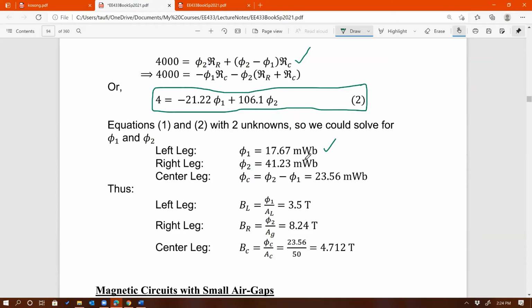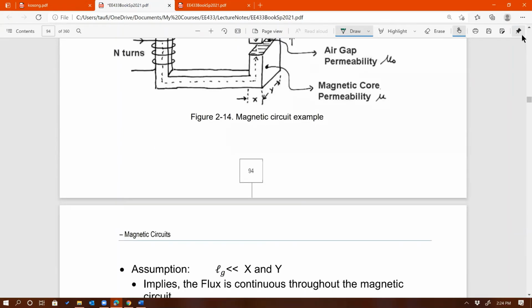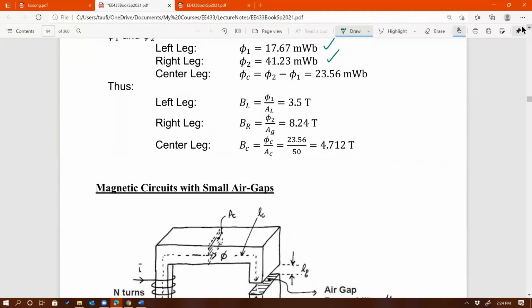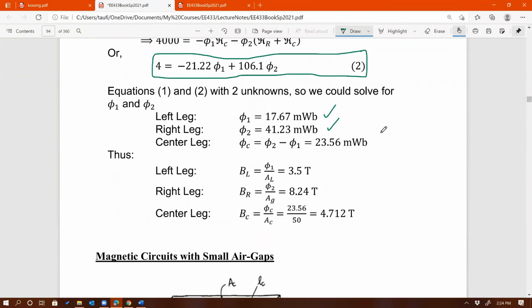Flux 2 is 41.23 milliweber. And then flux number 3, in the center leg, that's going to be flux 2 minus flux 1. That's 23.56. Okay. Any questions on these three fluxes?